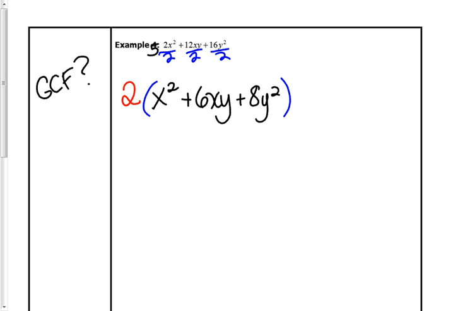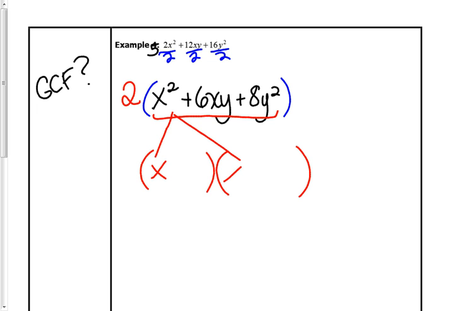So now I want to check here, do I have a magic pair situation? Well, I have the first term as x squared, the middle term has the variables with exponents of 1, and then the last term has a y squared. It's not a constant, it's a y squared. So what do I do with that? Well, this technically is the same. We can do a magic pair here. So remember before when we said that the x squared in the front gets split into x and x, right?